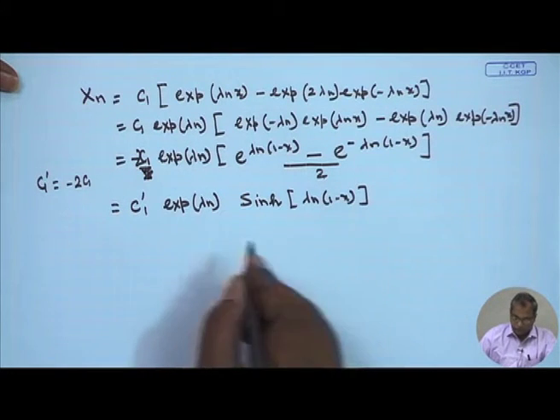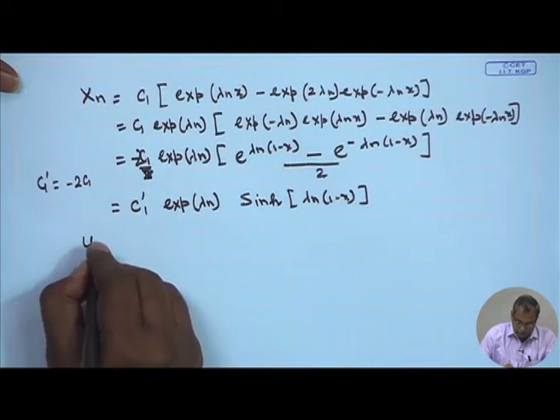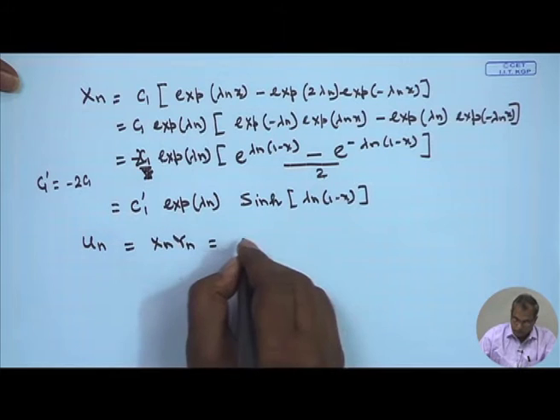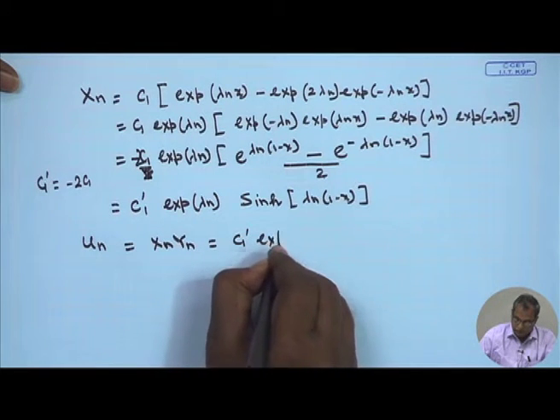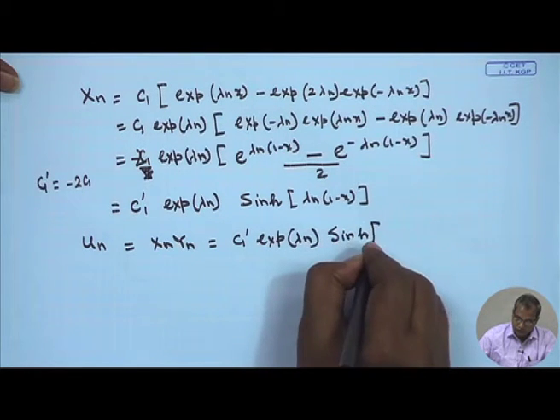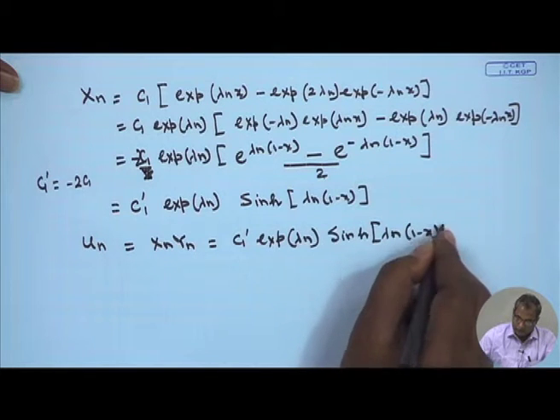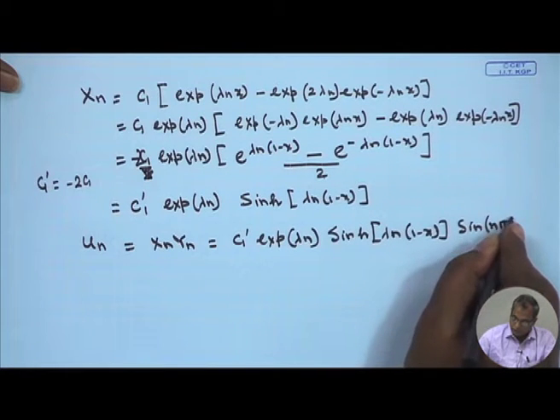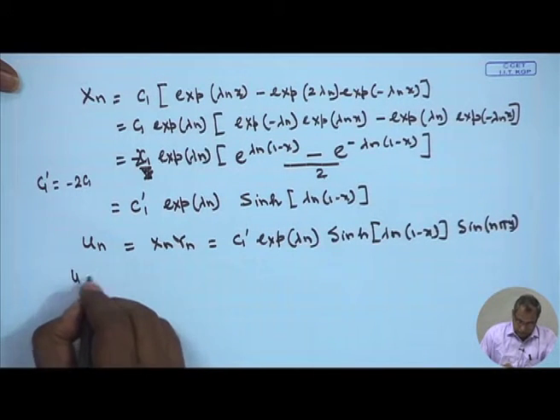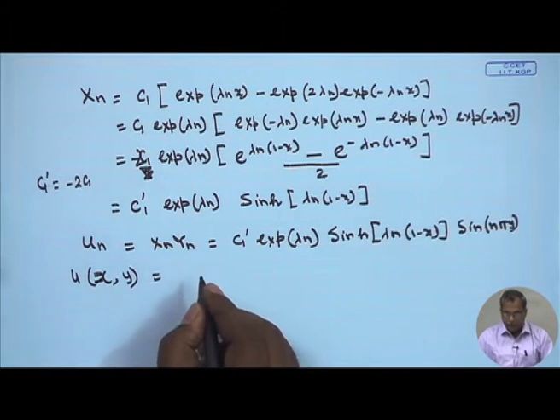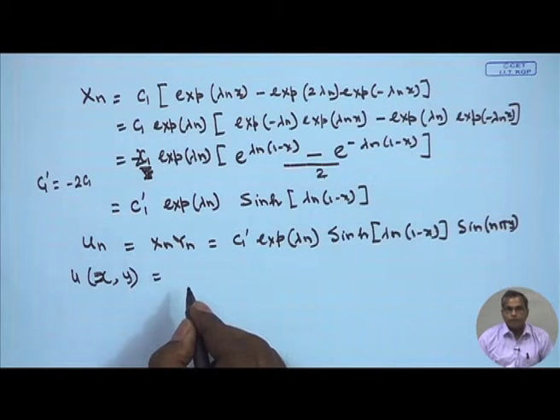So, we will be able to write down the complete solution. U n is nothing but X n Y n. So, u n is C1 prime exponential lambda n sine hyperbolic lambda n 1 minus x times sine n pi y, and u as a function of x and y will be the summation of all these solutions, by putting them up using the principle of linear superposition.